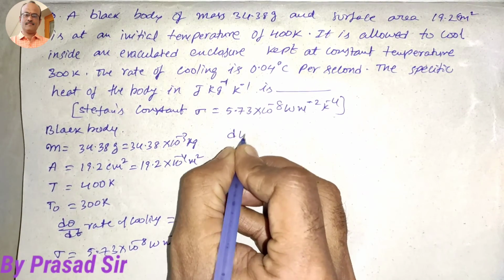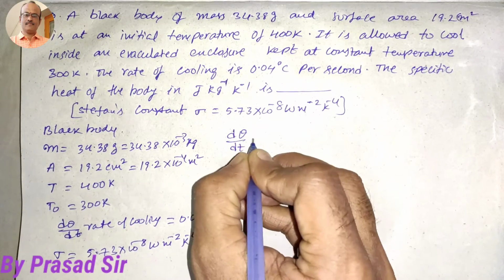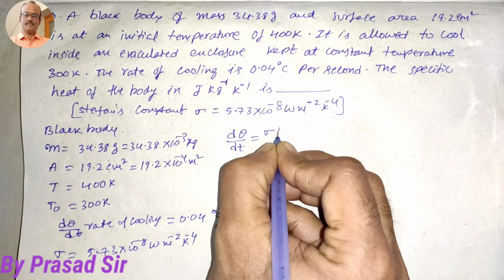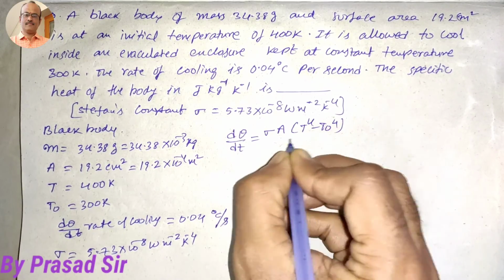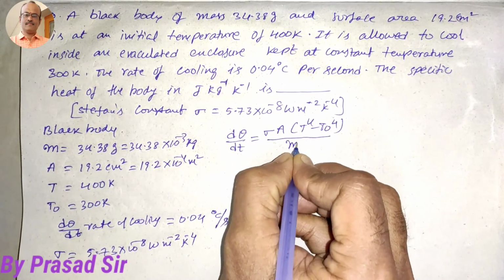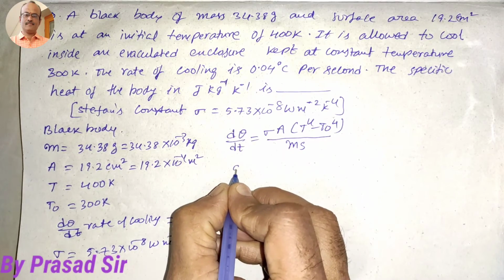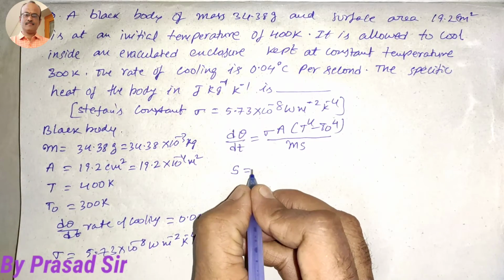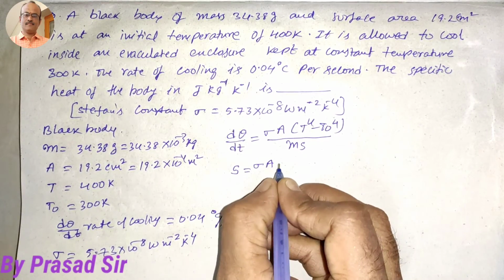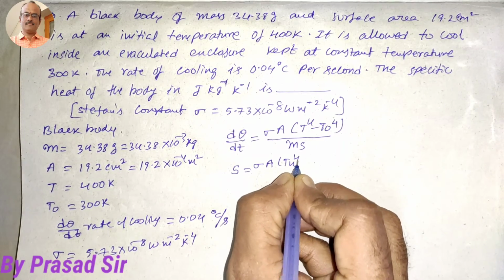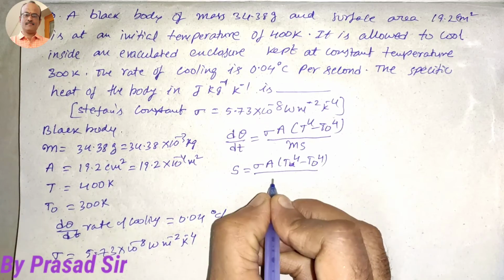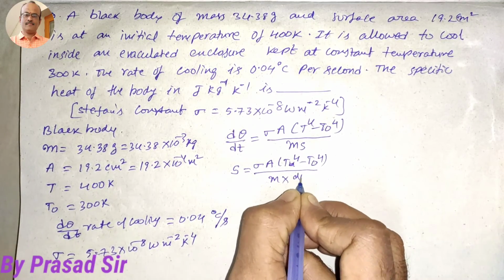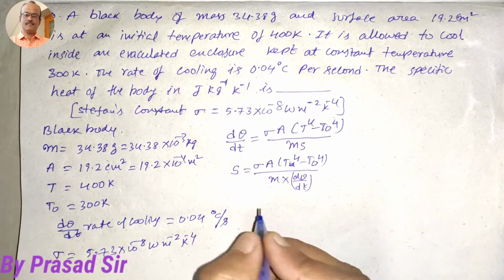So we know the formula, rate of cooling d theta by dt is equal to sigma into A into T to the power of 4 minus T naught to the power of 4 divided by M into S. But for specific heat, S is equal to sigma into A into T to the power of 4 minus T naught to the power of 4 divided by M into d theta by dt.